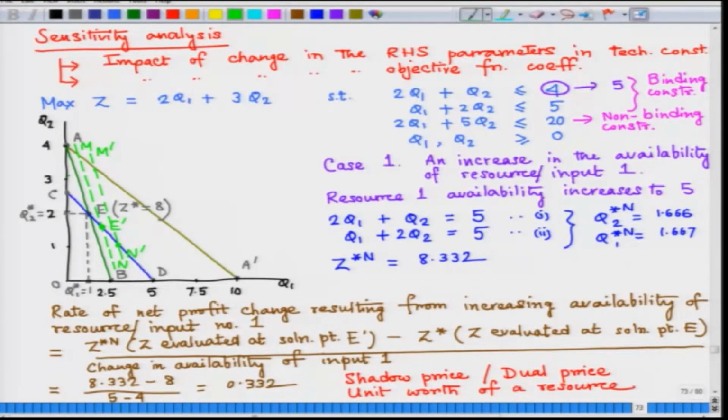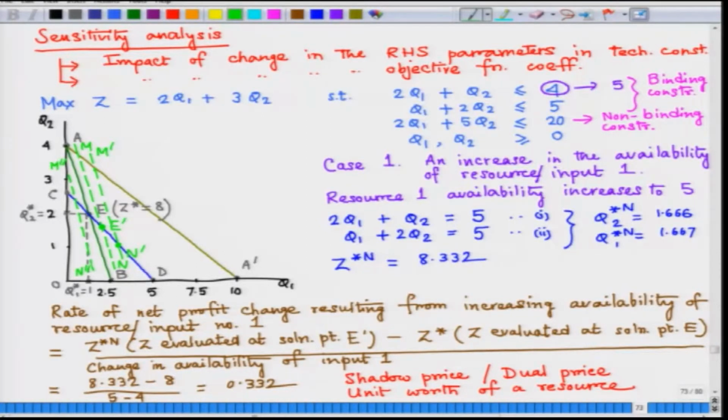In that case, this line will shift backward parallelly to line M double prime N double prime.